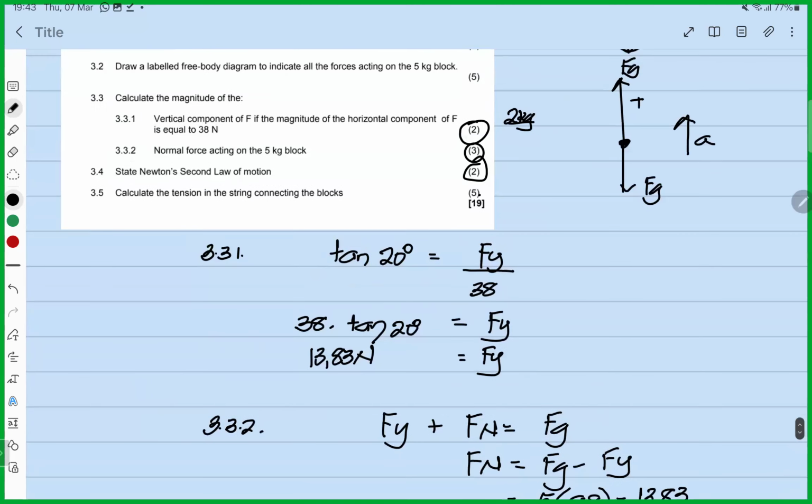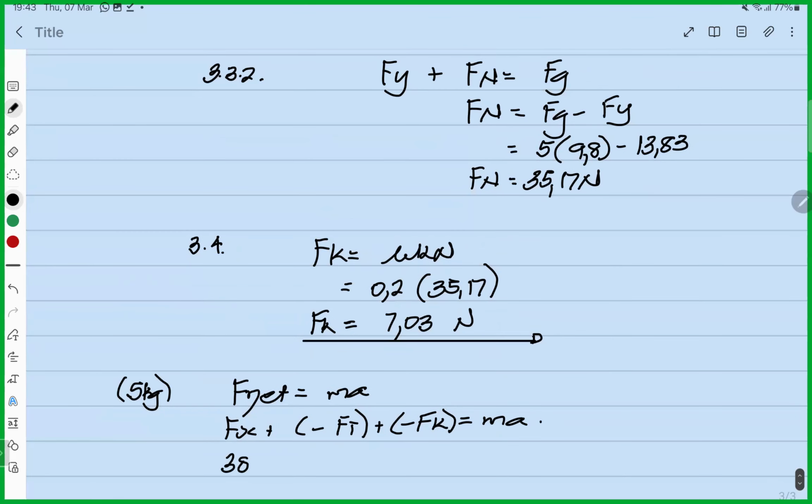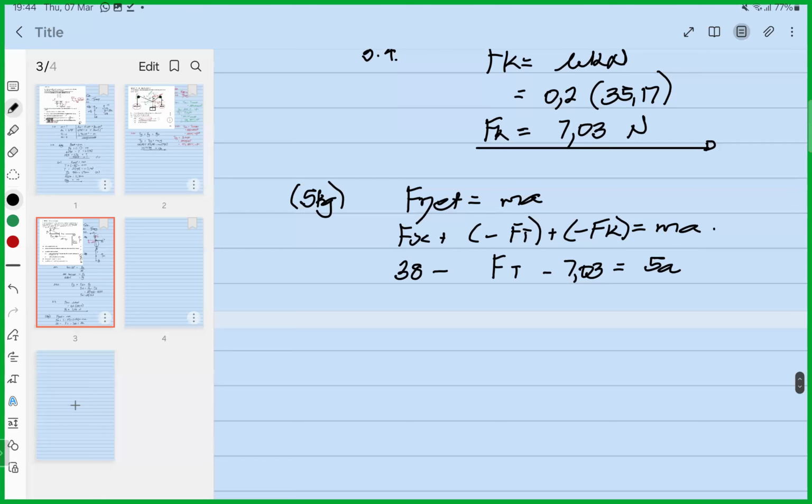And Fx, I think we worked out, was given to us, 38. We're going to find this tension. My kinetic friction was 7.03, equals 5a. Thirty-eight minus 7.03, someone? 30.97.